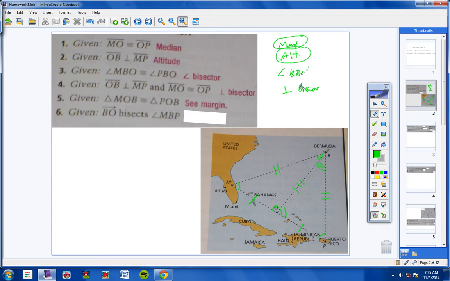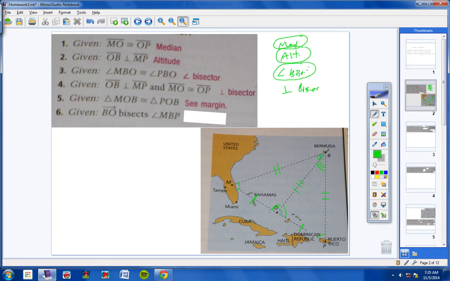Okay, now look at this. Angle bisector. Well, does this line right here come down in such a way that divides this big angle up into two equal angles? Yes, it does. Look. This angle here with one dot is congruent to this angle here with one dot. So we also have an angle bisector. You're going to see it ends up being all of these.